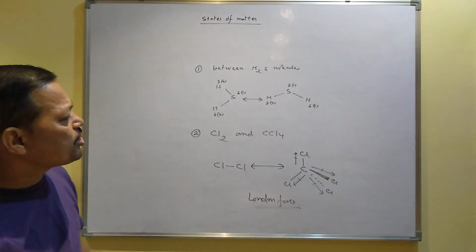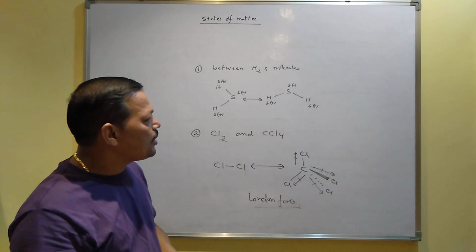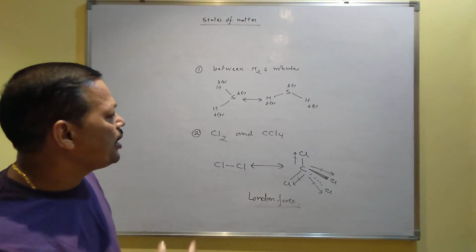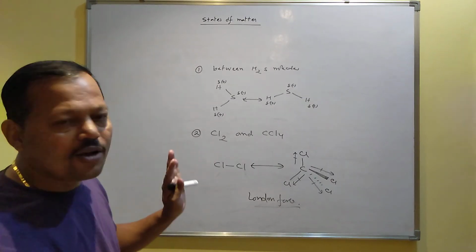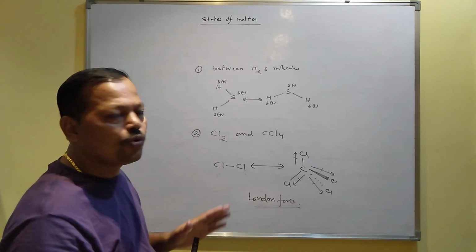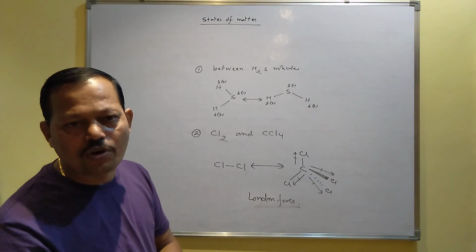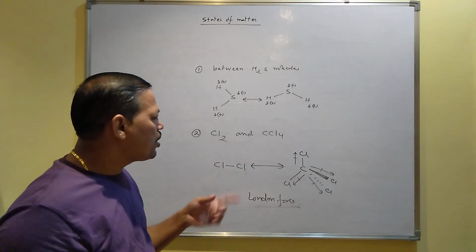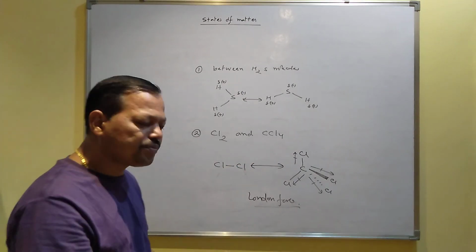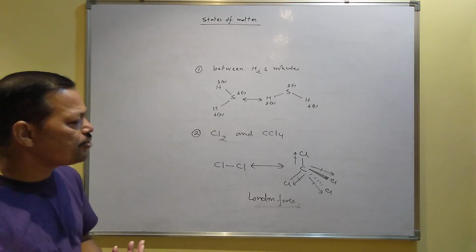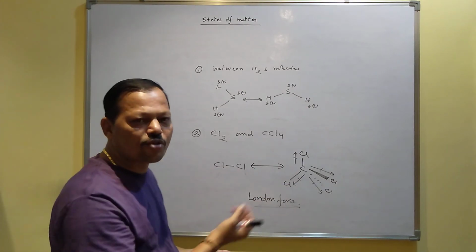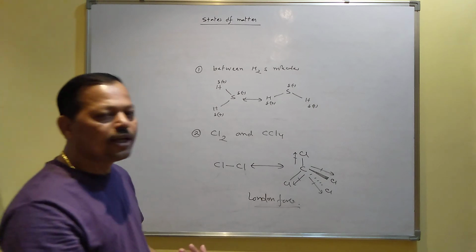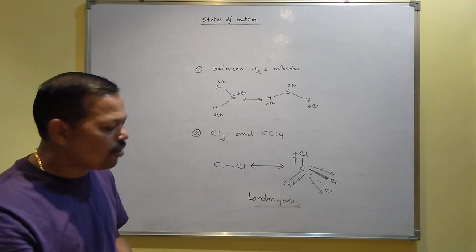So this type of question may be asked in your exam: what type of force exists between the following molecules. The first thing you have to observe is whether the molecule is polar or non-polar. If both are polar, then you write dipole-dipole. If both are non-polar, then you write dispersion force or London force. If one is an ion and another is non-polar, you can write ion-induced dipole.